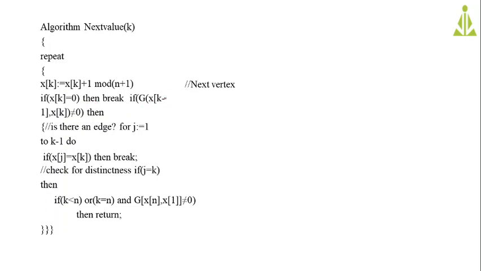If g of x k minus 1 comma x of k does not equal 0, then for j from 1 to k minus 1 do, if x of j is equal to x k, then break. If j equals k, then if k less than n or k is equal to n and g of x of n, x of 1 does not equal 0, then return. So whatever the operation we perform till now in the graph while using the tree, you can write in this algorithm.